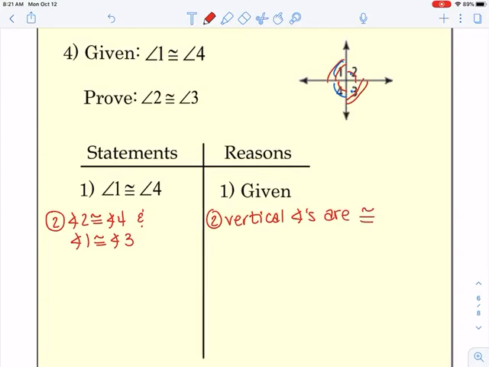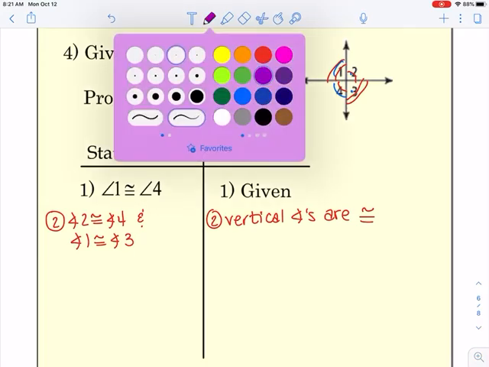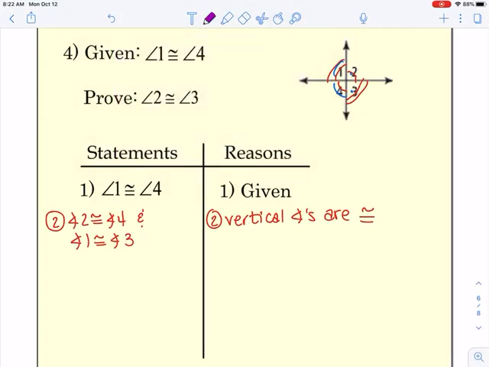Okay. And now here's where we're going to see that substitution step come into play. The next thing that I'm going to say is that angle 1 is congruent to angle 2. And why is that? That is because angle 2 is congruent to angle 4.